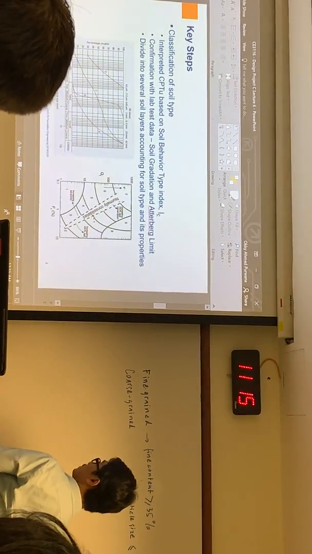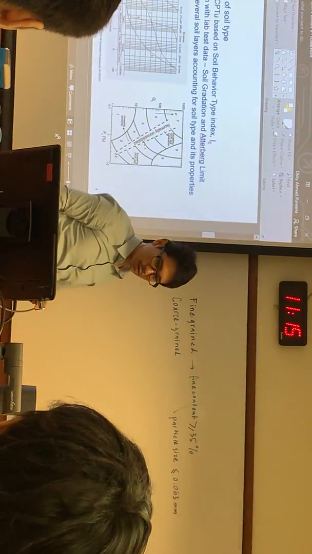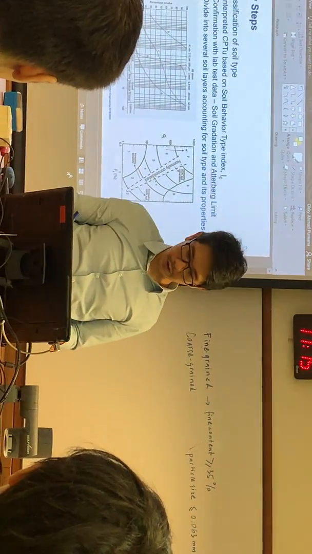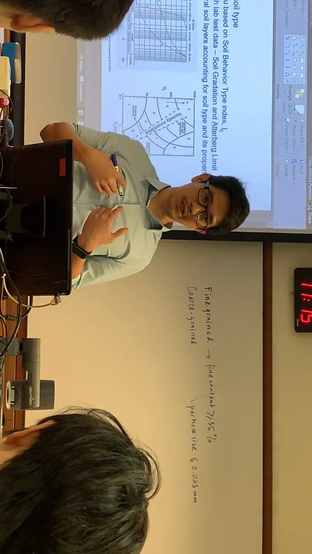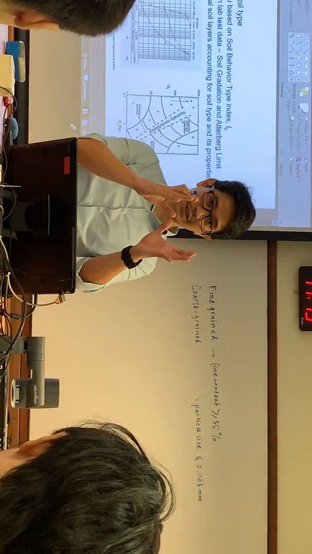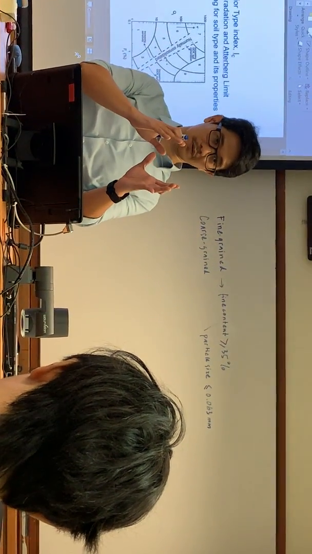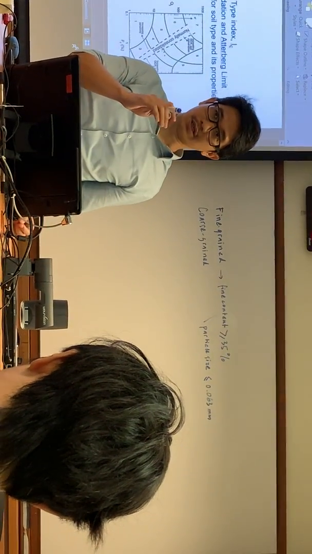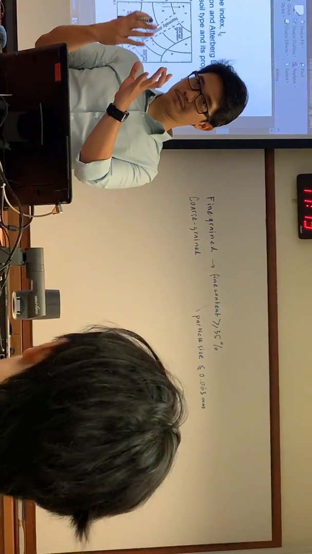First of all, going back to what I discussed during the lectures, normally we are only interested whether it's clay or sand. Because if you know it is clay, basically you can use Cu as a shear strength parameter. If it is sand, it is what we call friction angle.